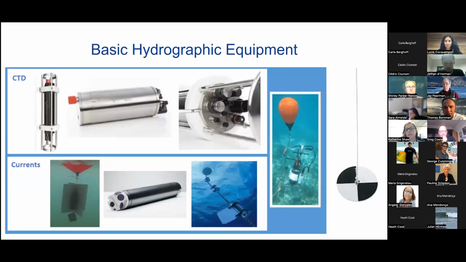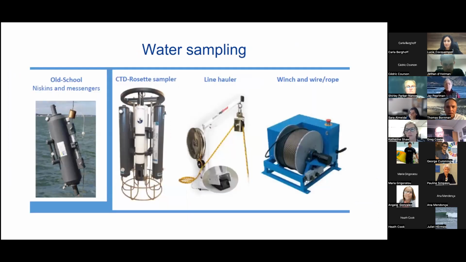So from a physical oceanographic perspective, we are looking at providing in these boxes a basic CTD. We will definitely be looking at those open source CTDs that Cedric has been talking about, as well as current meters and a Secchi disk for turbidity measurements.